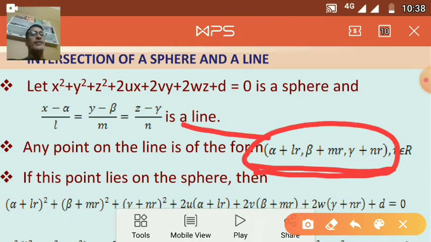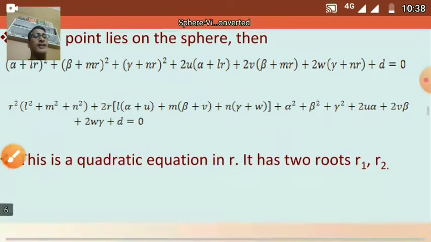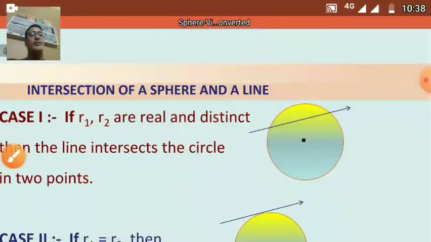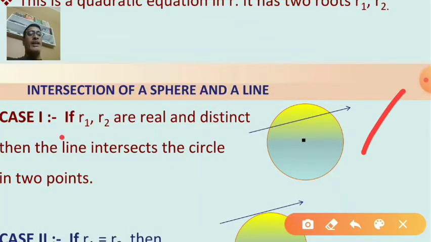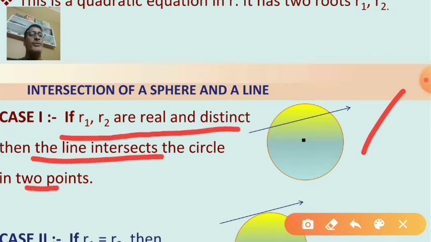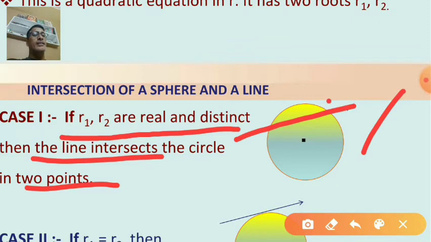So this line and this sphere have 2 points in common. This means this line intersects the sphere. When r1 and r2 are real and distinct, then obviously we are left with 2 common points, and in this case this line intersects the sphere in 2 points.